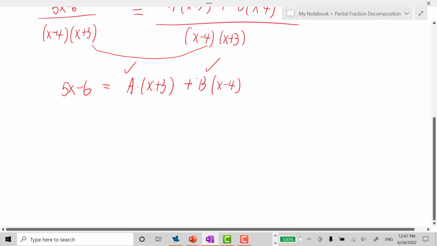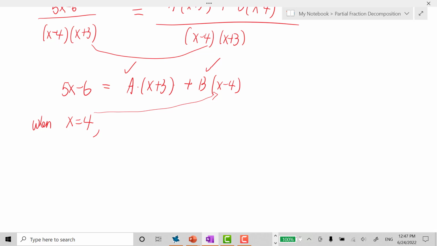If you observe this equation, when x equals 4, then this b term is gone. That means for the entire equation, the only variable we have will be a.